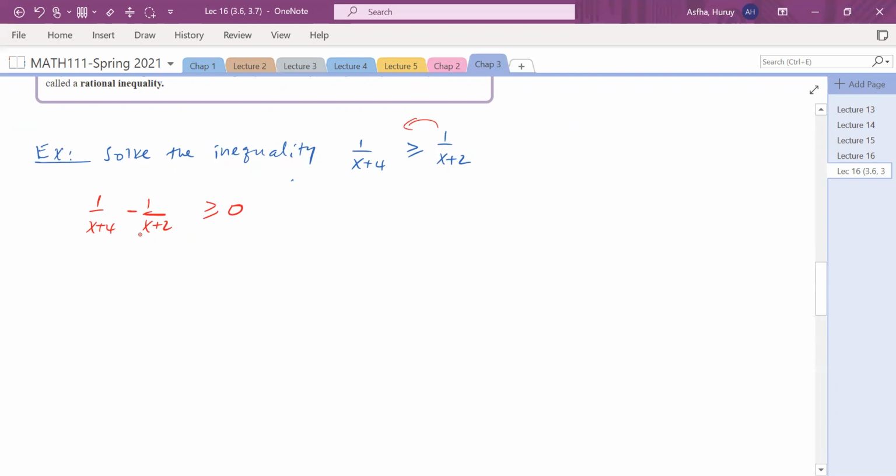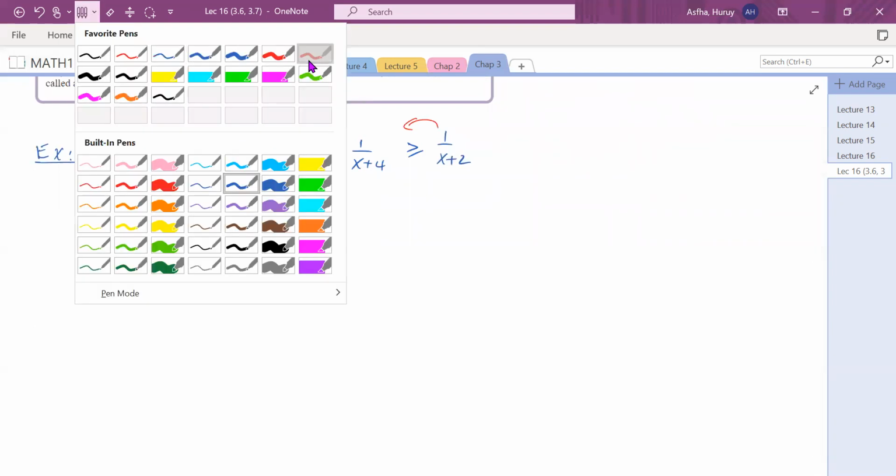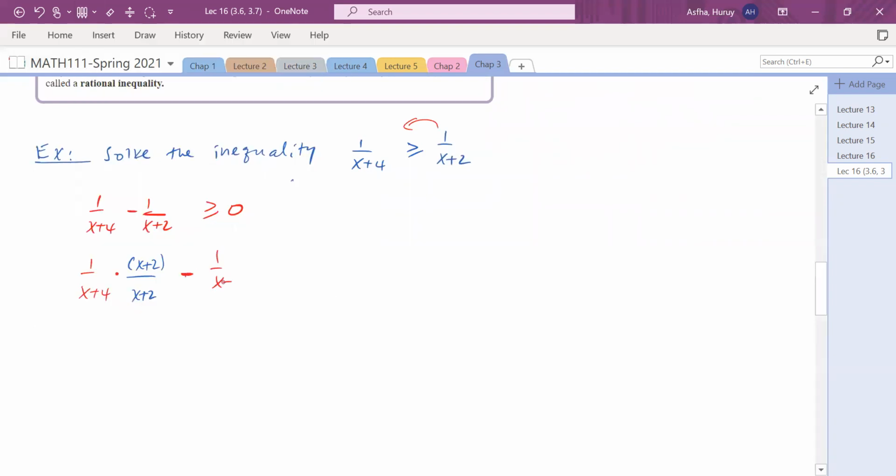The next is we multiply this one by x plus 2 over x plus 2, and minus 1 over x plus 2 times x plus 4 over x plus 4, greater or equal to 0.